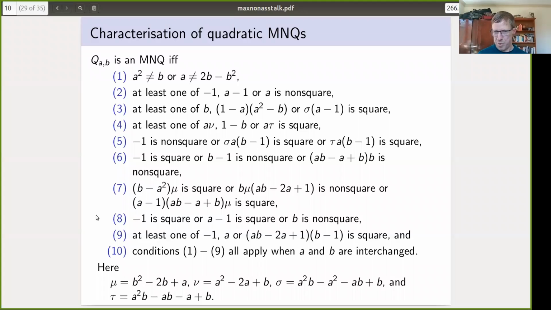But pretty much all of your conditions are about quadratic characters of certain field elements, where the elements are polynomials in A and B, and they get a little bit messy, but that's basically all that's going on here.